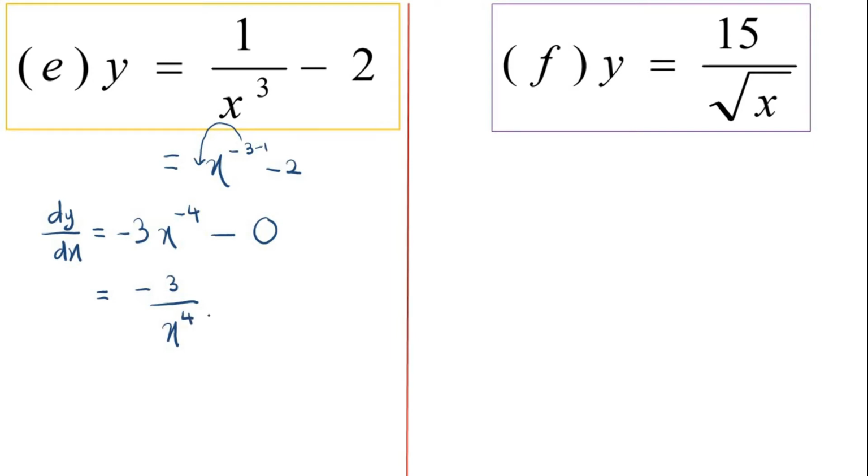Proceed to the next. Question F, we have y equal to 15 over root x. In this case, we can rewrite the question as 15 times x to the power of negative half.